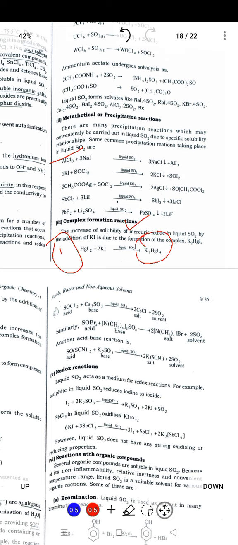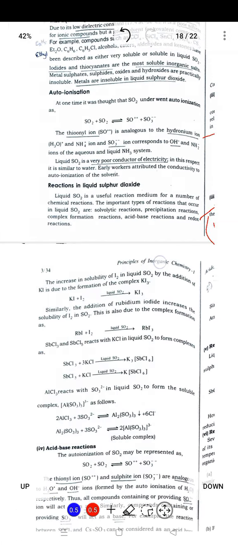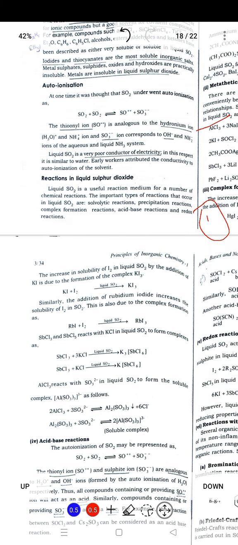Secondly, potassium iodide is added to iodine so that the solubility of iodine is increased in liquid sulfur dioxide because of the formation of, if you look at me you will understand what will be formed, of course KI3, right? Now finally we have the third reaction, similarly, rubidium iodide.